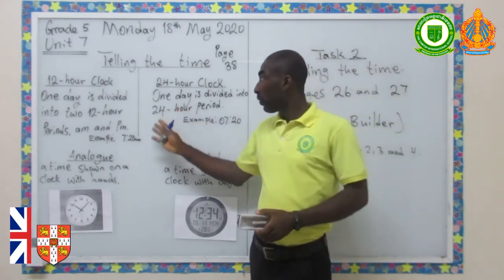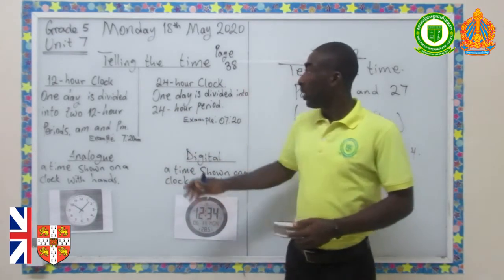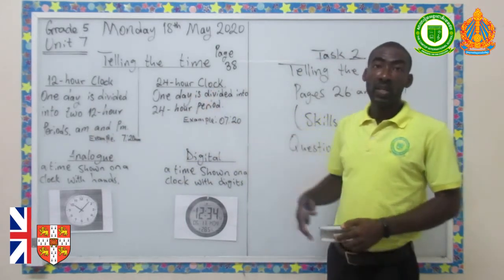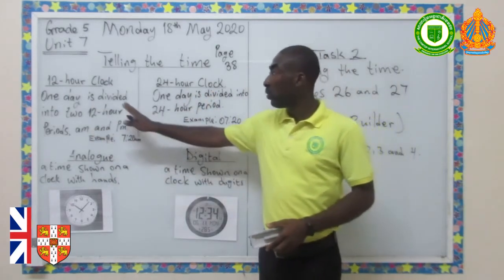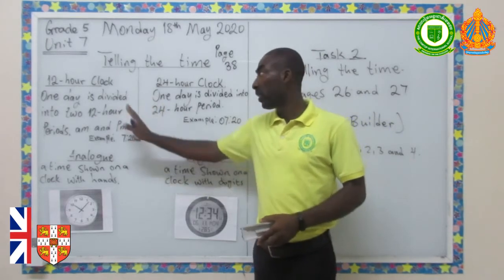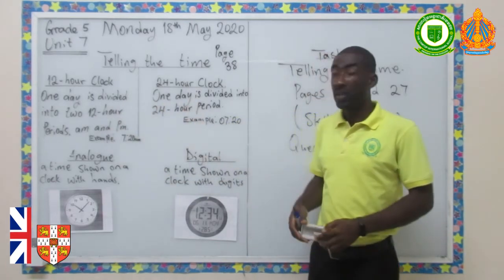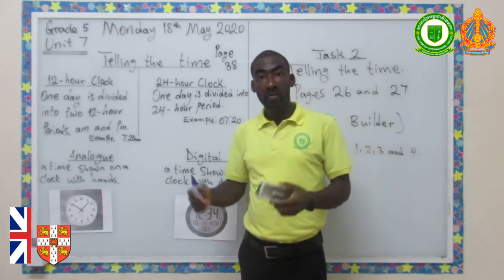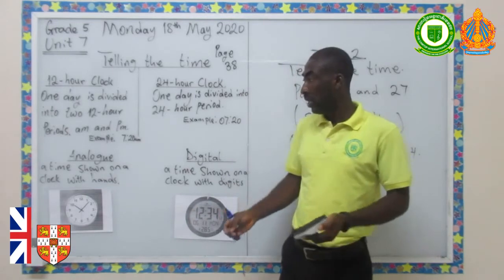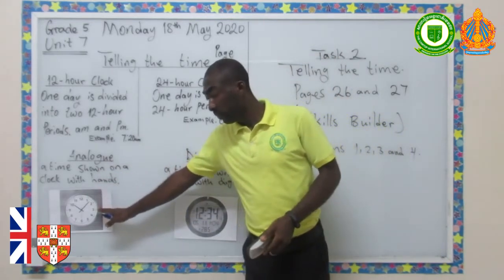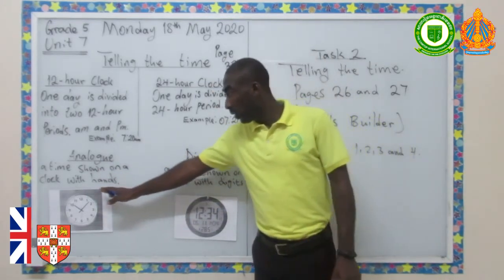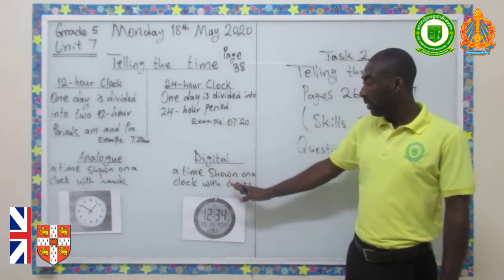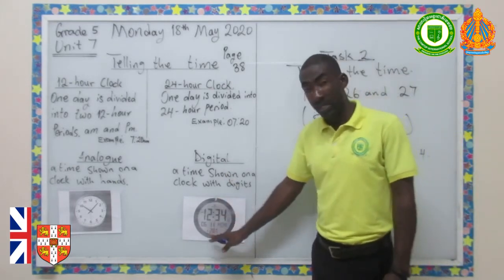On a review of what we did from the first part, we went through a 12-hour clock and that of a 24-hour clock. So these are two time formats that we have. We have two types of watches or clocks. We have the analog, which shows time on the clock with hands. And then we have the digital that shows time with numbers.